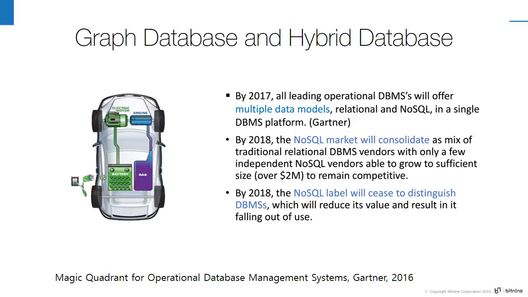Gartner also says that by 2017, all leading operational DBMS will offer multiple data models, relational and NoSQL, in a single DBMS platform. And we have also seen several advantages and possibilities of the graph database. So we decided to make a new database integrating the advantages of the graph database and the relational database systems.